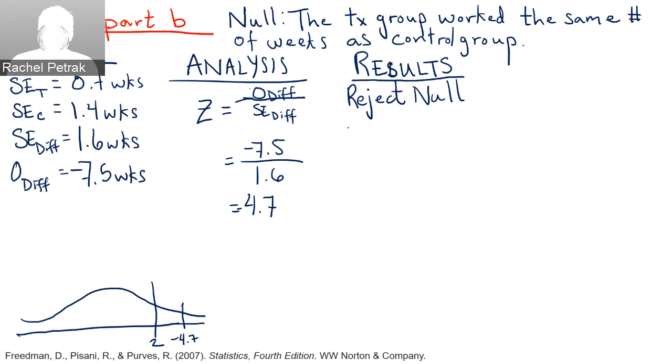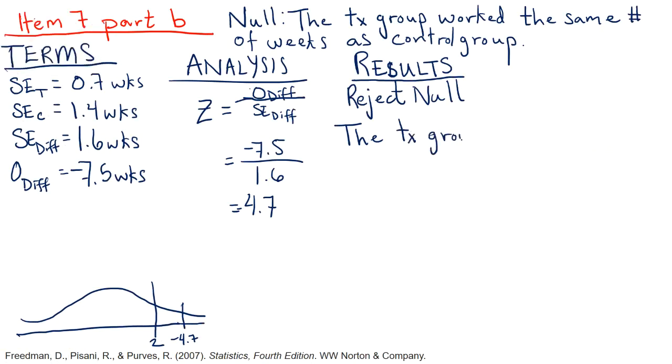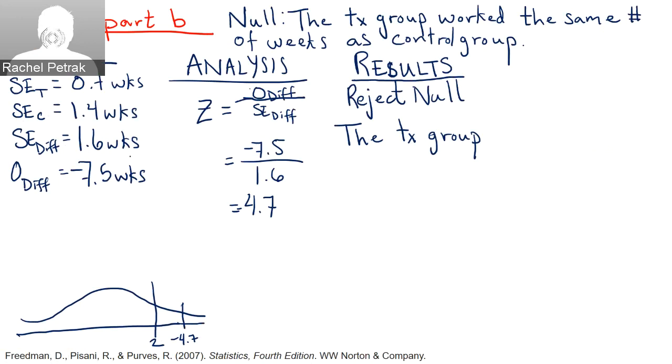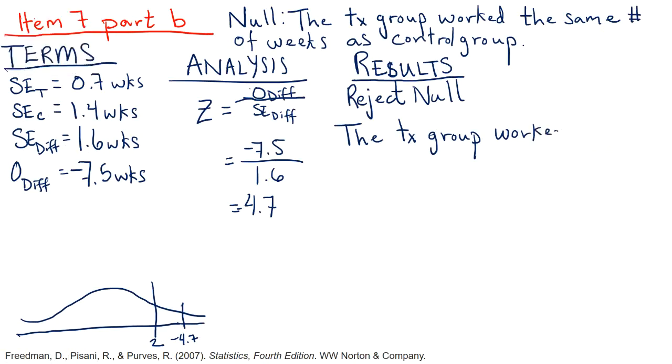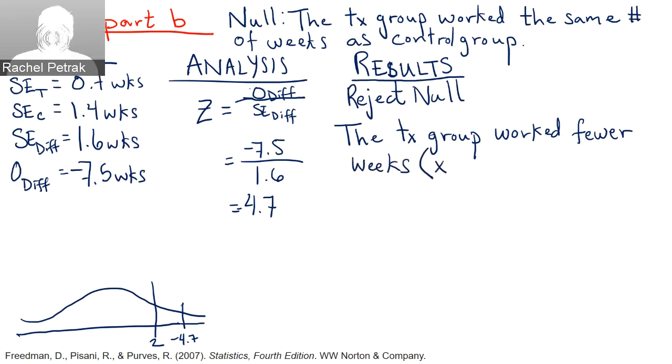So we can translate our null hypothesis into a good sentence. The treatment group, what did they do? Well, we know they worked fewer hours or fewer weeks. And we should put the mean number, the mean weeks worked here.